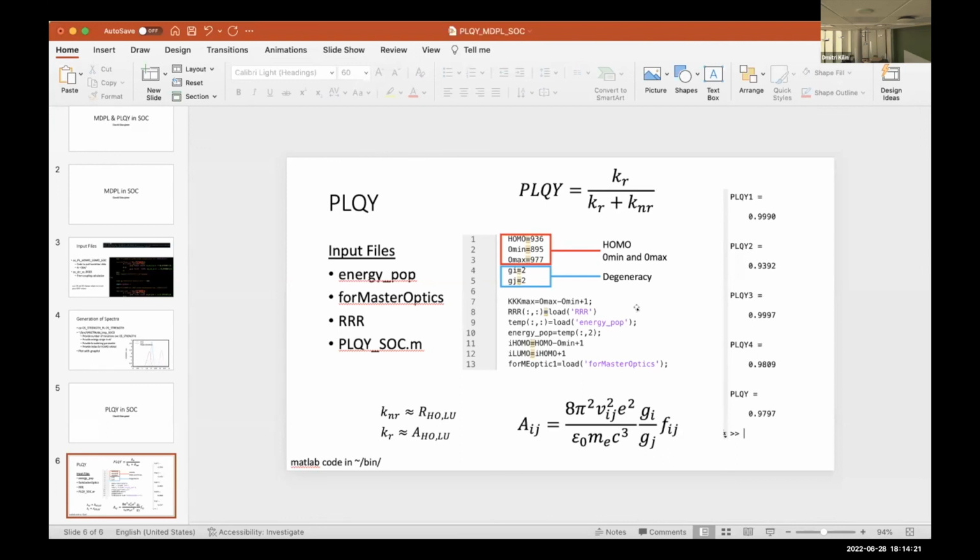If one needs to compute photoluminescence not by MDPL but by a graphical approach, are there any changes to the code, or do you just modify the input parameters and use the same code? What do you mean? If you just need the photoluminescence, which you are showing in this talk. Oh, like the blue figures? Yes.